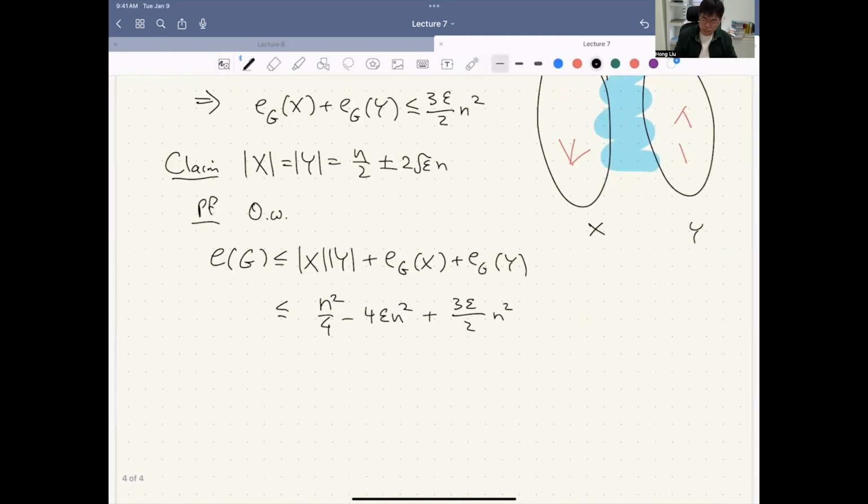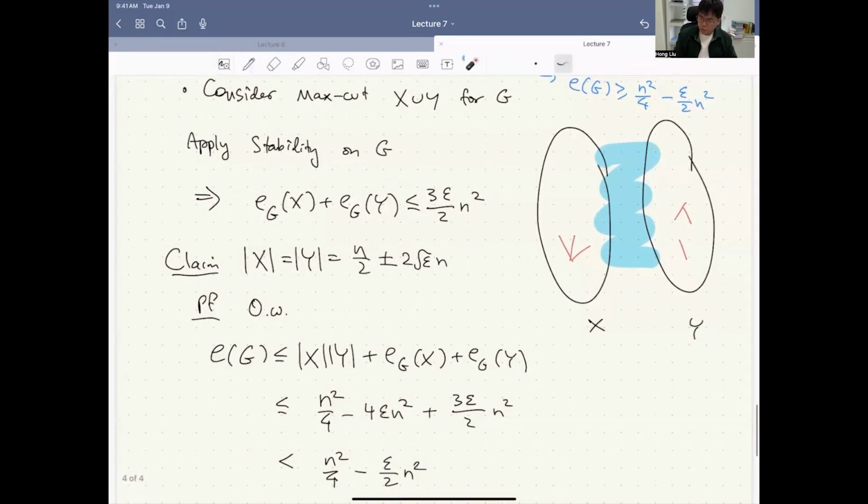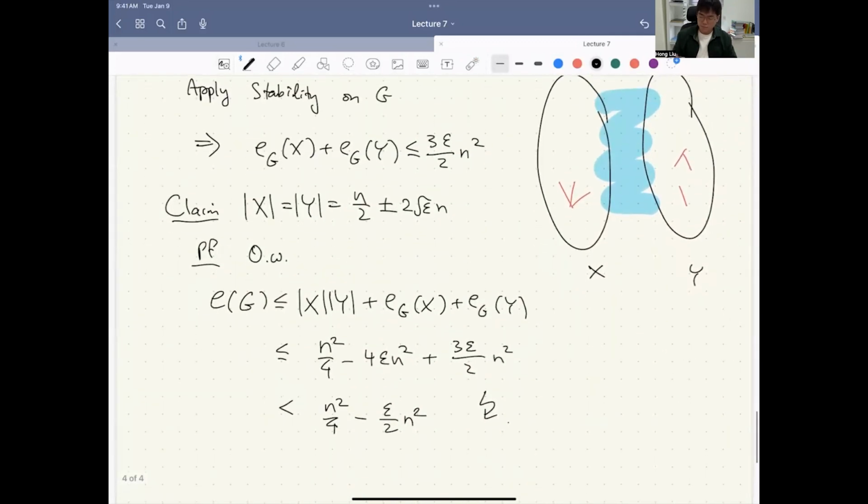But this is strictly less than n squared over 4 minus epsilon over 2 n squared, which is the bound we promised. So contradiction. So X and Y are about the right size.